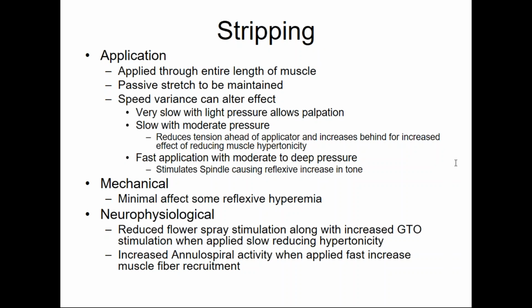Hopefully what you are doing is increasing GTO stimulation, reducing the flower spray, so you're having some tissue adaptation ahead of your contact site as you eventually arrive at the opposite end of the muscle fiber. The application is slow and steady. There is no real major mechanical effect other than the fact that there could be some reflexive hyperemia, but that would be the only mechanical effect really involved in it.